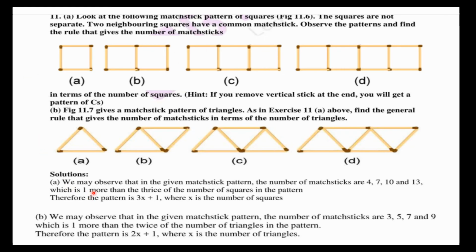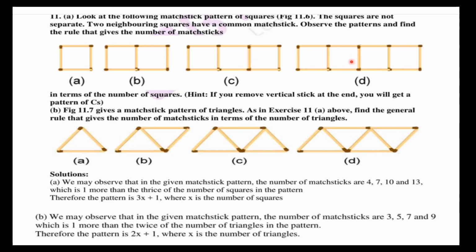Now see children, we have been given the matchsticks pattern. The number of matchsticks is 4 for 1 square, 7 for 2 squares, 10 for 3 squares, 13 for 4 squares, and so on. So, it is 1 more than thrice the number. For example, 1 square: 1 into 3 plus 1 is 4. 2 squares: 2 into 3 plus 1 is 7. 3 into 3 plus 1 is 10 matchsticks.